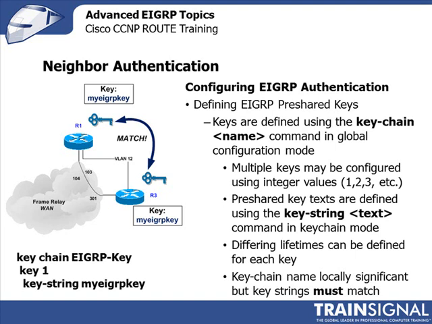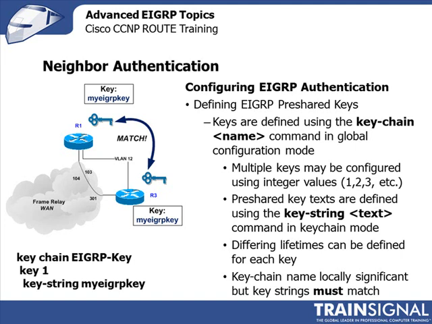Configuring it begins with defining the pre-shared keys. You can look here, the syntax for the first part, namely the key definition, is pictured here to the left, using the key chain command and then the name of the key chain in global configuration mode. In this case, you can actually create multiple keys using integer values, key 1, key 2, key 3.